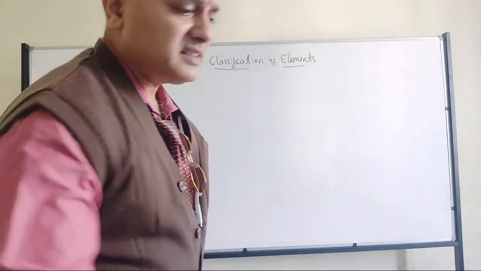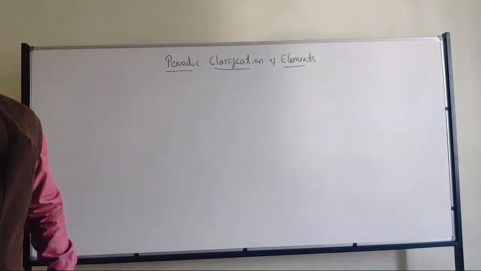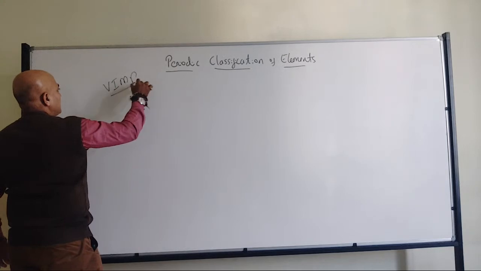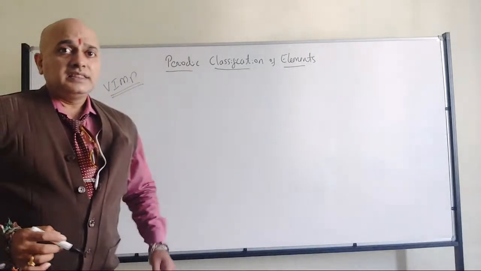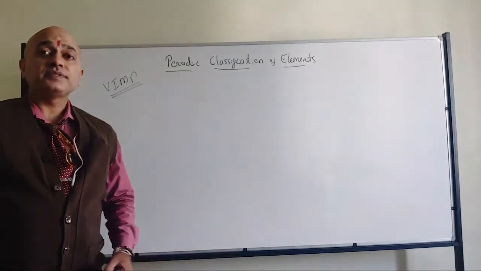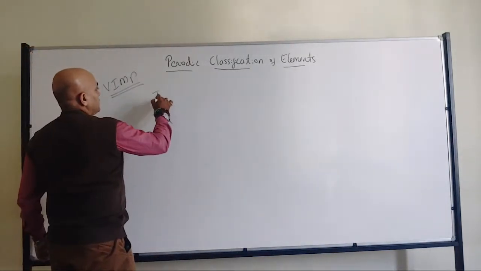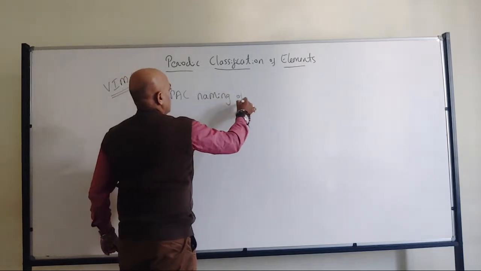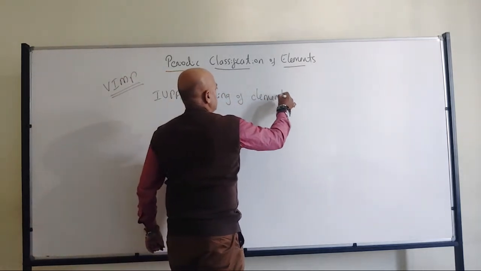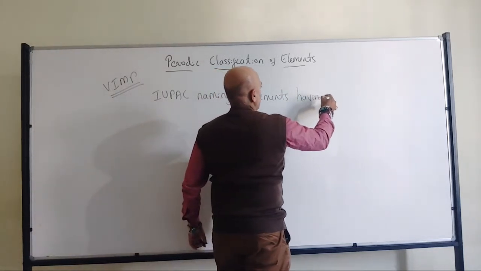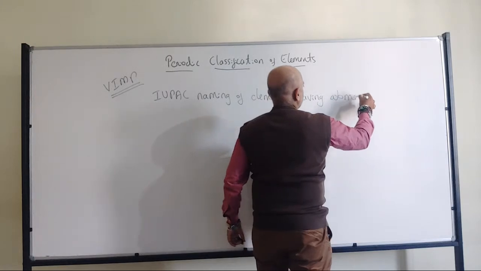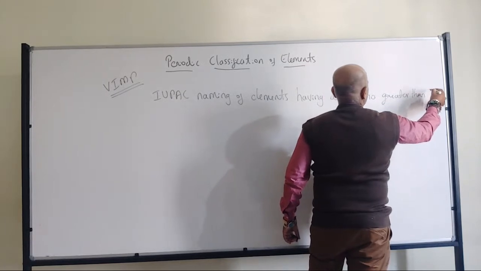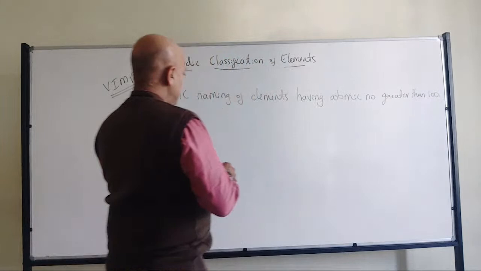Fine. So the last part of this particular topic, which is very important because they will ask it for 1 mark, is the IUPAC naming of elements having atomic number greater than 100.